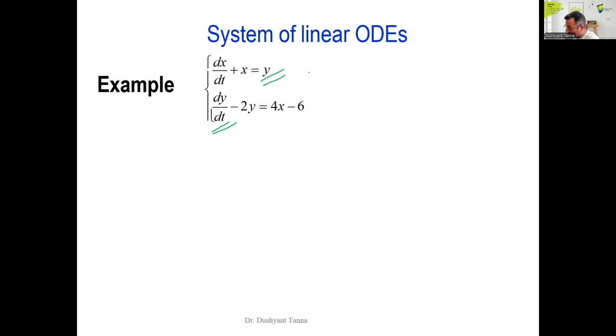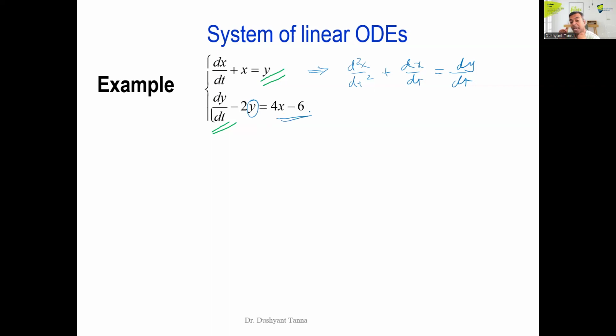From here, if I differentiate it, I get d2x by dt squared plus dx by dt is equal to dy by dt, right? I will also replace this y, so this is in x, so that's fine.